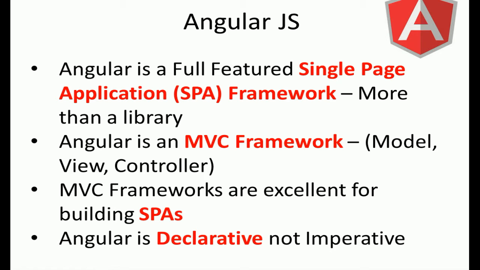But in Angular, you declare what the DOM should look like right from the start. In Angular, you split the logic from the presentation. In jQuery, because you have to use DOM selectors, they are tied together. This will become more obvious to you as we progress through this video.